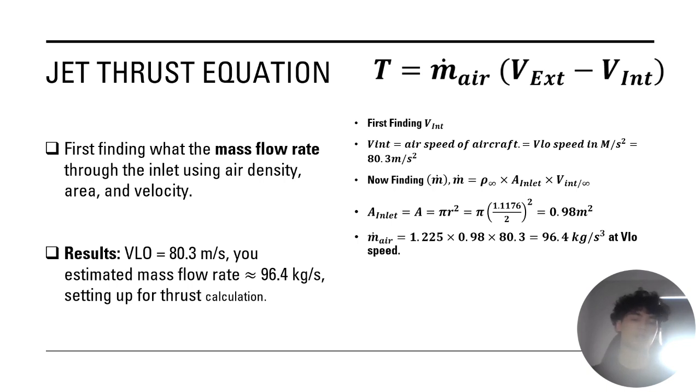That depends on air density, inlet air, and the velocity of the air going in. At liftoff speed, which is about 80.3 meters per second, we calculate the mass flow to be roughly 96 kilograms per second. This sets the foundation for determining the thrust the engines can actually provide at rotational speed, which links engine design directly to performance.